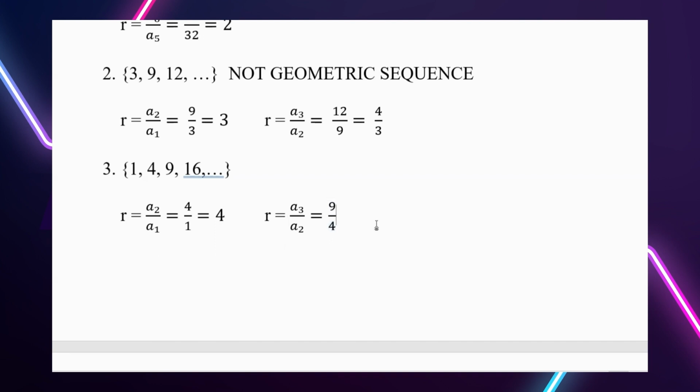So dito pala makikita na natin na wala nang pagkakaparehas ang kanilang ratio. Ang ratio ng a sub 2 at ang a sub 1 ay 4, while the ratio of the a sub 3 and the second term is 9/4. Therefore, we can now conclude that the sequence 1, 4, 9, 16 is not geometric sequence.